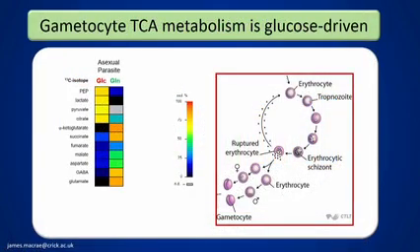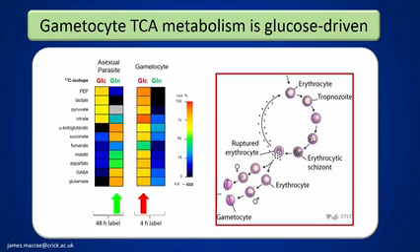So we looked again at those sexual stages. This is the result I showed you earlier. And now when we do the same experiment in the sexual stages, the gametocyte stages, we can see 2 things. First of all, there's been a complete switch in the preference of what carbon source is used. So you can see now there's a lot of label incorporation into these TCA metabolites using glucose, and not so much with the glutamine.